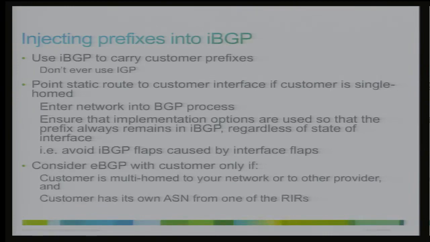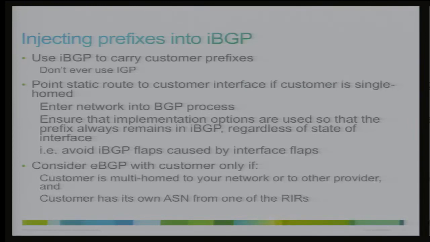If you have a customer that is single-homed, or that's directly connected to you using a single connection, you do not need to run eBGP with that customer. You can just point a static route to that customer and inject the static route into BGP, into iBGP, essentially. So in that particular case, you do not need to run any eBGP with the customer.